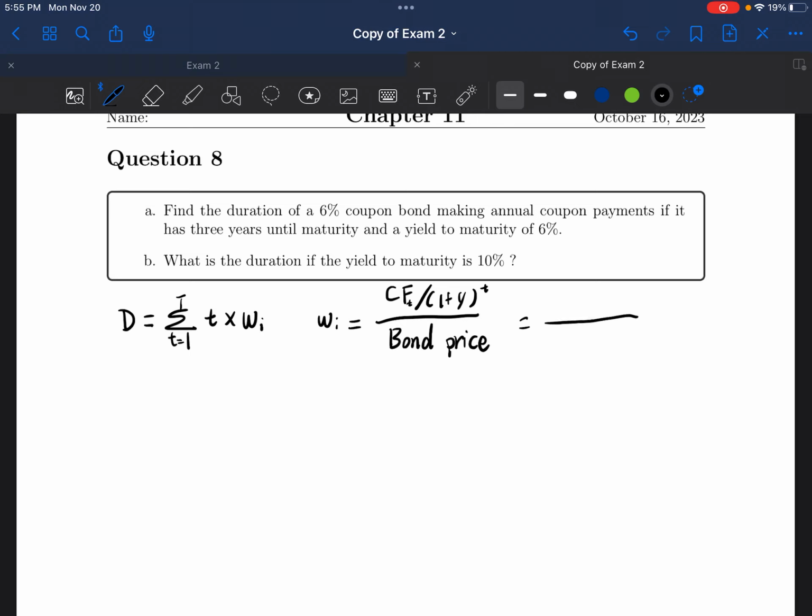Which is like the PV, the present value of each payment, and the summation of each payment. That's your bond price.